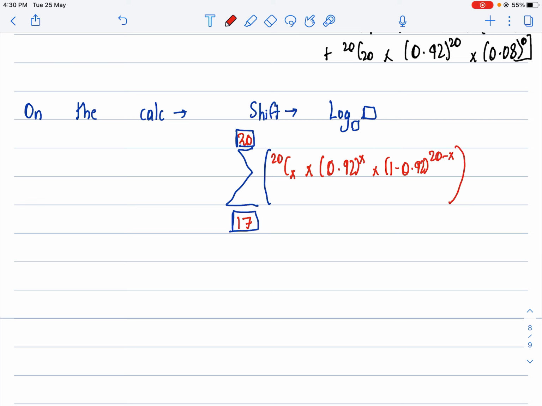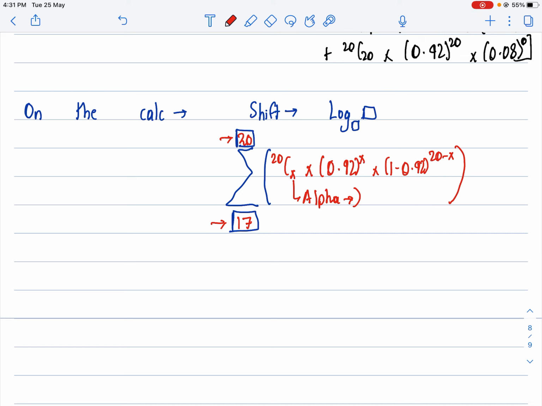To write x, simply click on alpha and the closing bracket button. And x will take all the values from 17 to 20 inclusive. So 20C x times 0.92 raised to x times 1 minus 0.92 raised to 20 minus x, from 17 to 20.